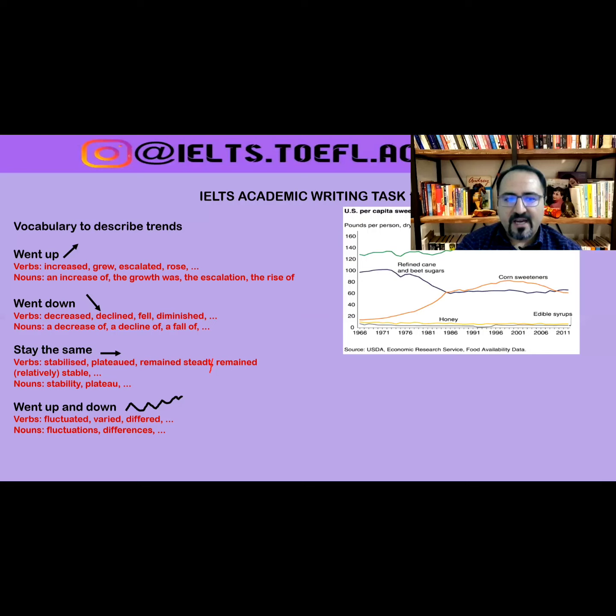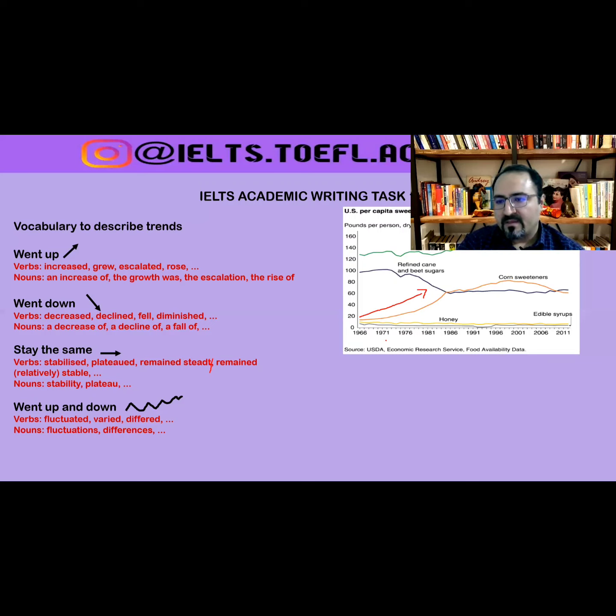For example, as you see here, we have the upward trend in, for example, corn sweeteners. You can see. So for this part of the graph, you can use the verb increase.